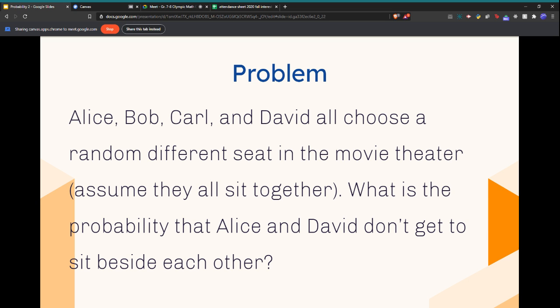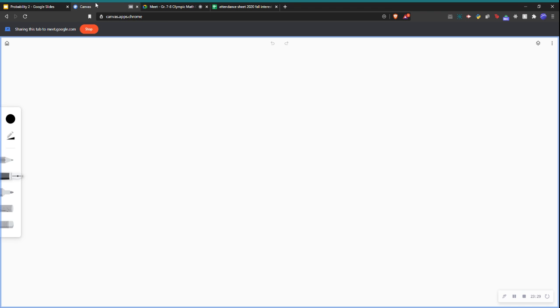You could do the opposite as well, finding the number of arrangements where they don't sit beside each other, but I think it might be easier to find the number where they do. So we have 4 seats, and we must have Alice and David sitting beside each other.